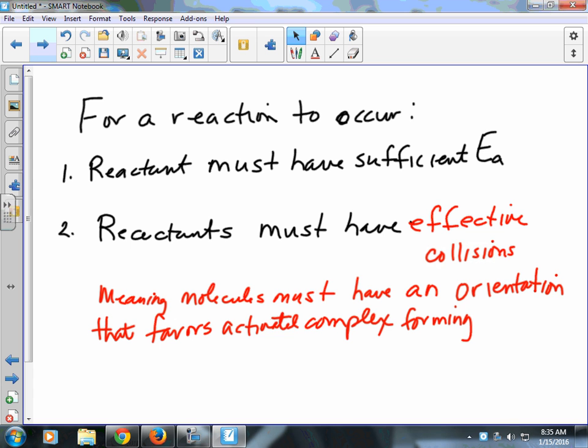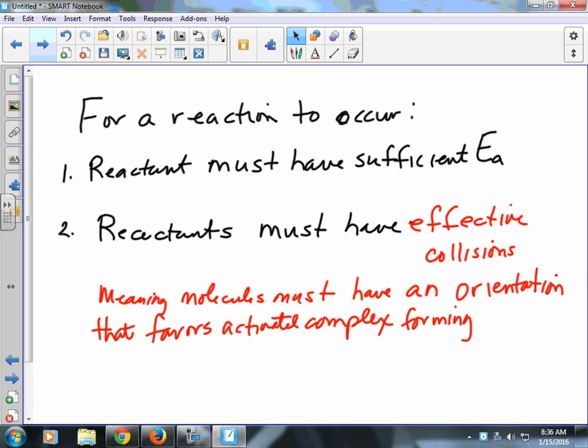As I mentioned before, if temperature increases, the velocity of the reactants increases. But data has shown that the reaction rate is still observed to be much smaller than what we would calculate should happen. That's because of those two criteria.